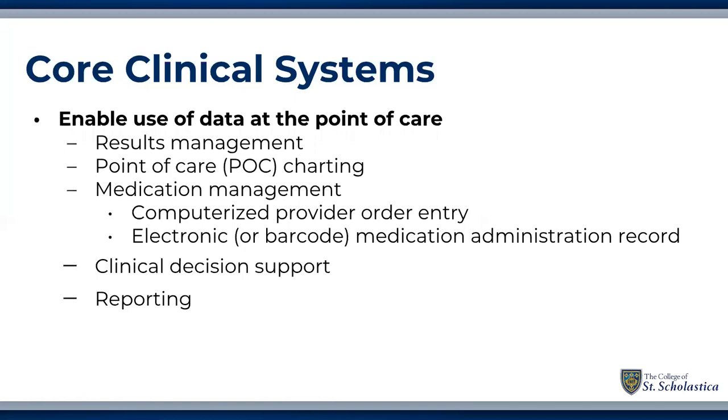Point of care charting is for nurses to complete their assessments and providers to document H&Ps and progress notes. Medication management systems include computerized physician or provider order entry and the electronic medication administration record, or eMAR. We also have BCMA systems, which are barcode medication administration systems, and all of those support the medication administration processes within healthcare organizations.